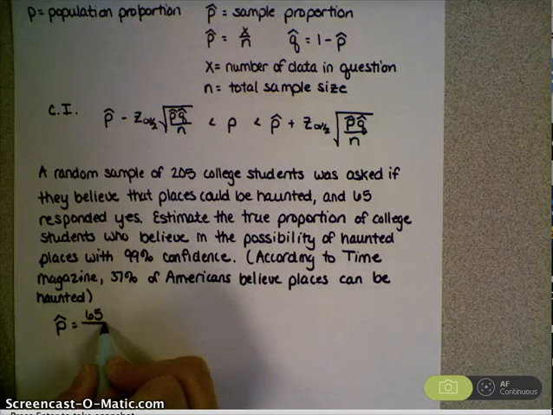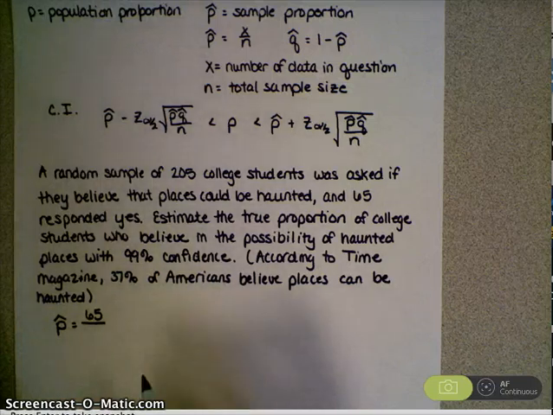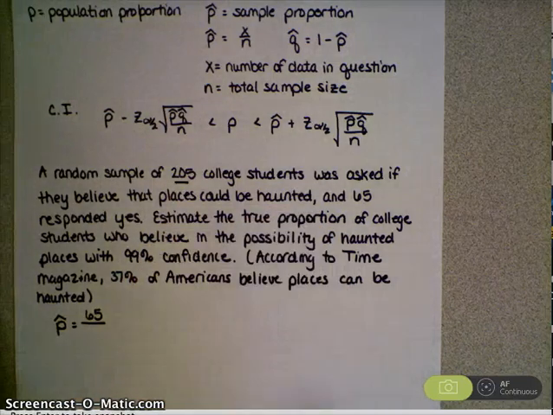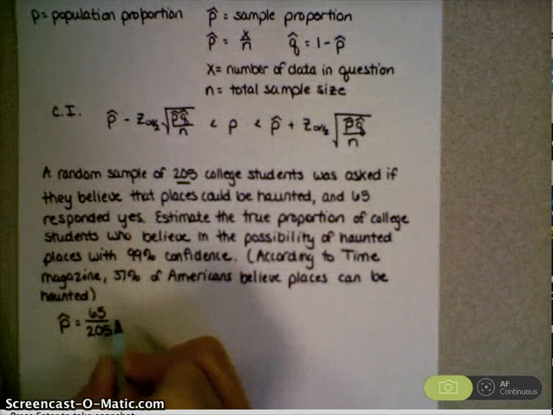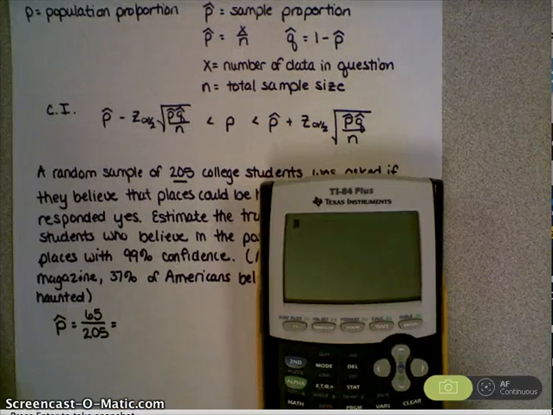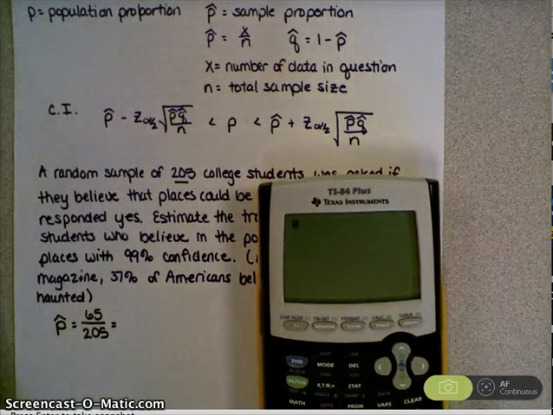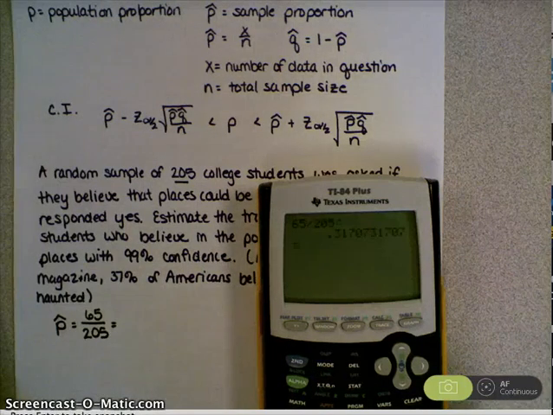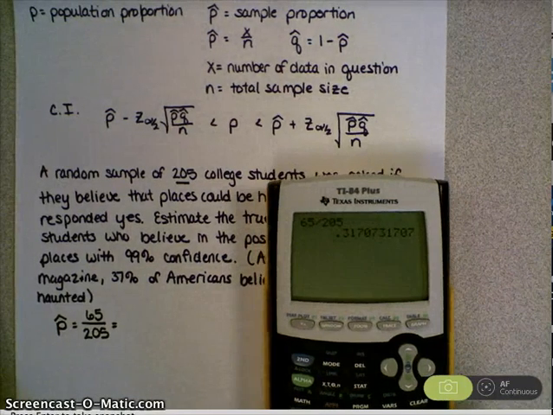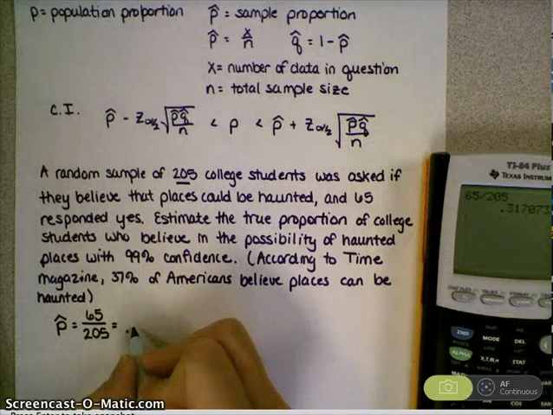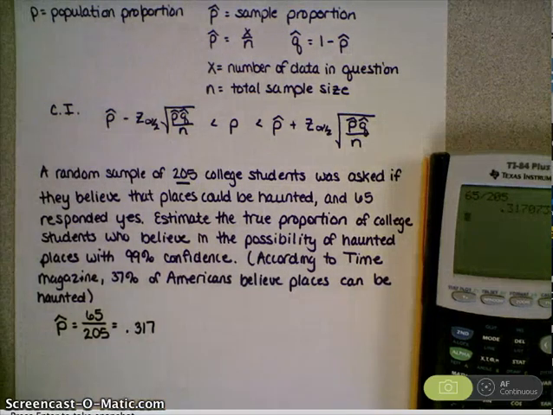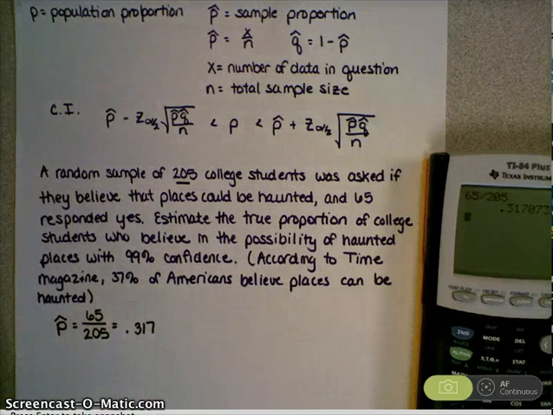We're going to divide that by the total sample size, which in this case was the 205 people in the study. We'll write that as a decimal. 65 divided by 205 gives us 0.317, which is about 31.7%.